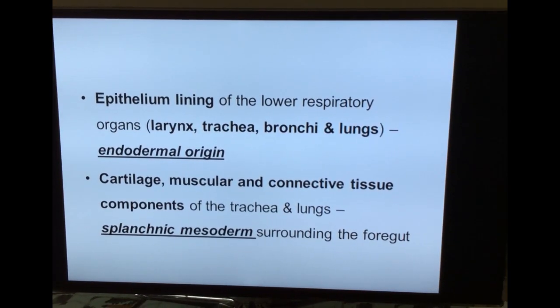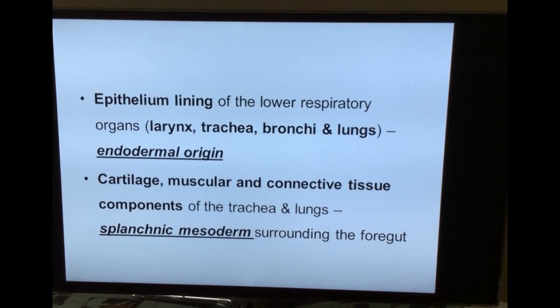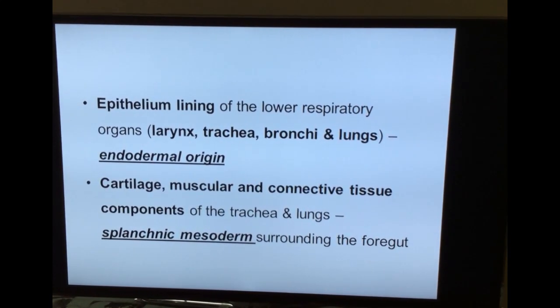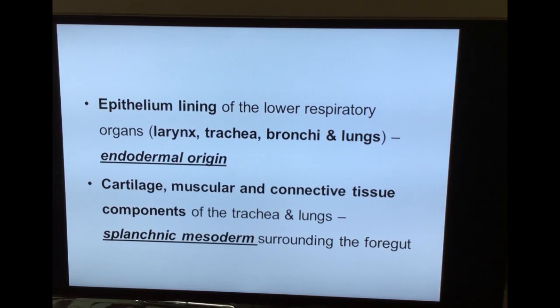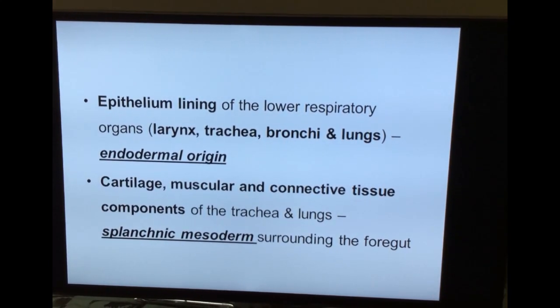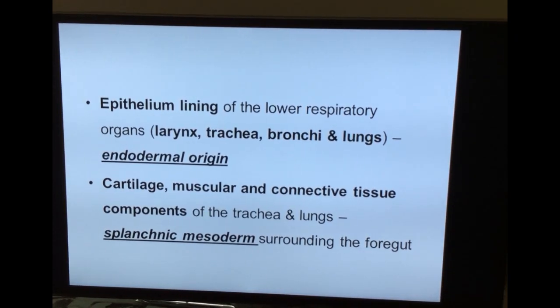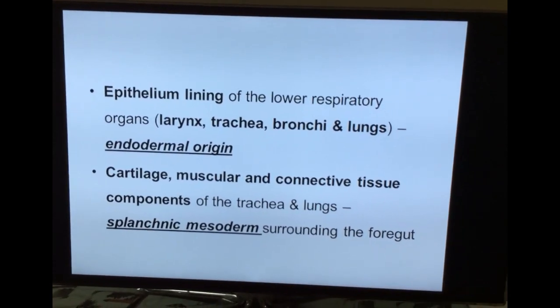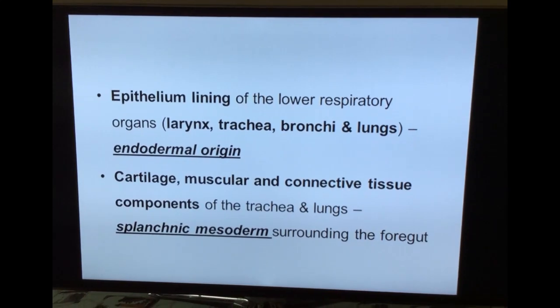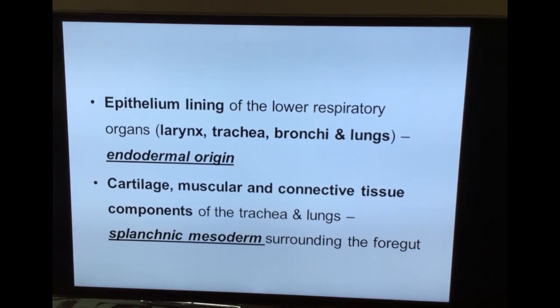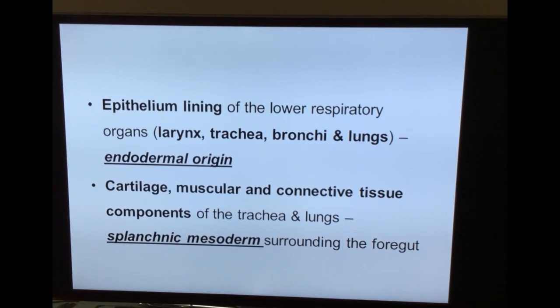In general, when you see the development of the respiratory system, mainly the lower respiratory organs, which include the larynx, trachea, bronchi and lungs, you know the histology. They have an internal lining, the epithelium, then connective tissue, cartilage and muscles. Mainly the epithelial lining.